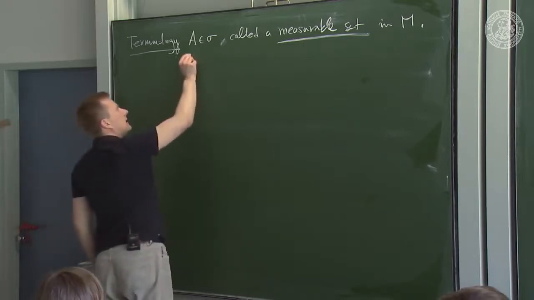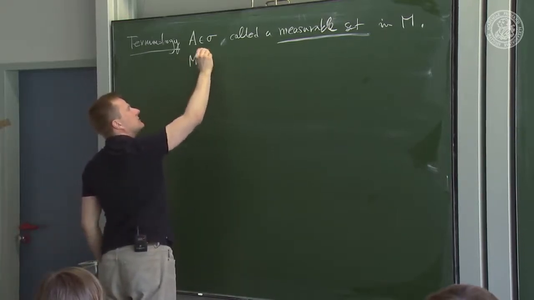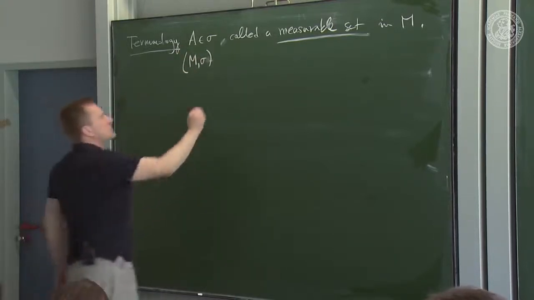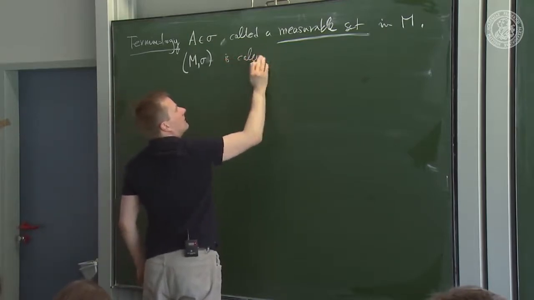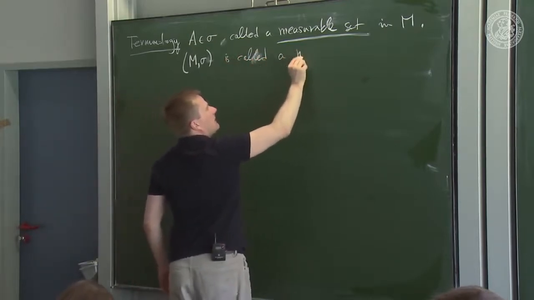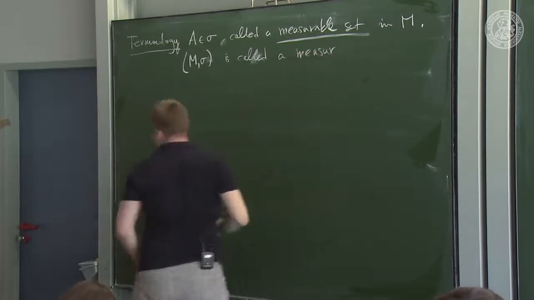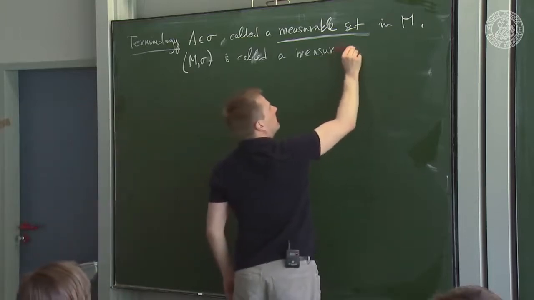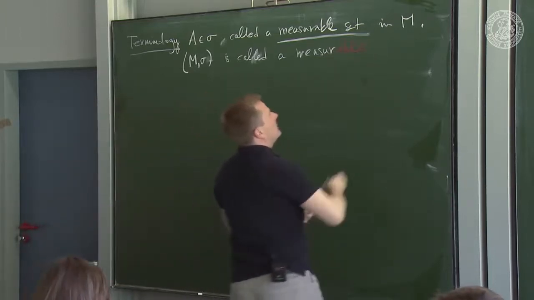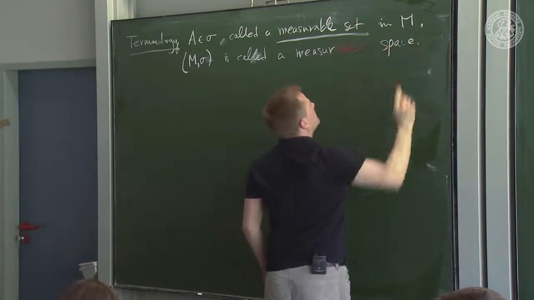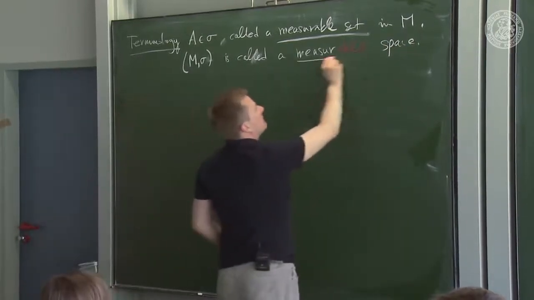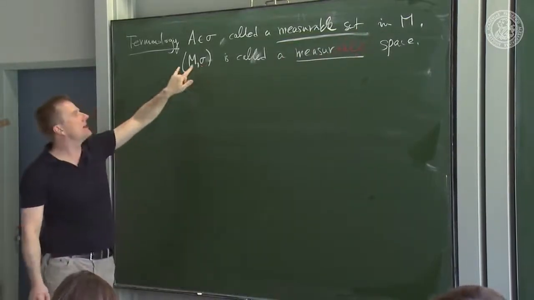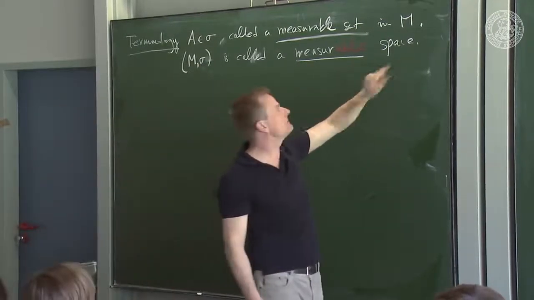And the pair M with a choice of measurable subsets, M sigma, M with a choice of sigma algebra, is called a measurable space. So we already have a double meaning of the word measurable. You can have a measurable set, it's an element in sigma, and that pair is then called a measurable space.